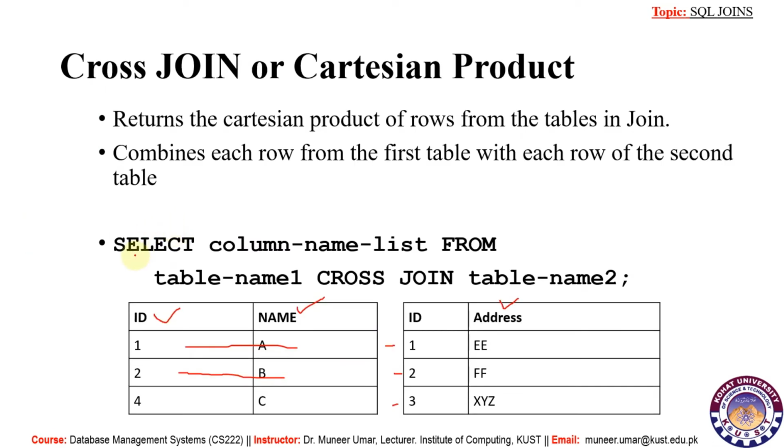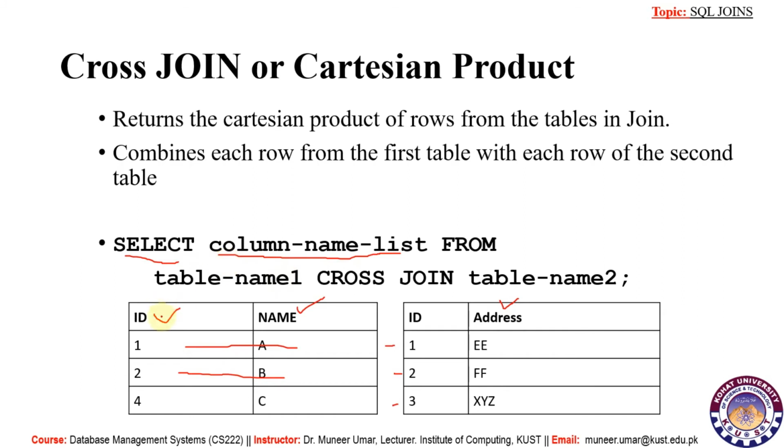The query for cross join is quite simple. We must type select. As you know, joins are used in select queries, the DQL, data query language. So select the columns. As I told you, we can use star for all the columns, or we can specify columns here.